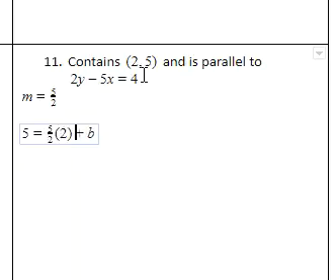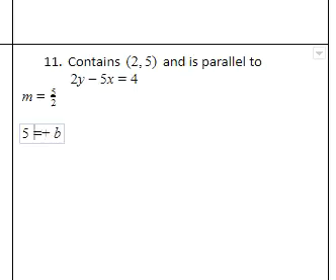If I begin simplifying this, I can solve for b. I know that 5 halves times 2, since 2 is 2 over 1, we can rewrite this as 5 times 2 is 10 over 2 times 1 is 2, so I can rewrite that as 10 halves plus b.